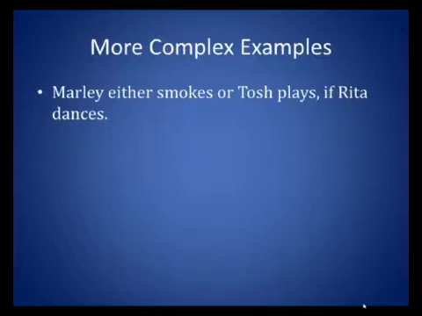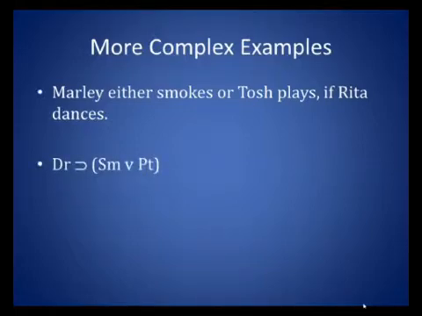So I hope you remember that when you see a statement following the word if, it represents the antecedent of a conditional. So in this case, we'll have to flip the translation around so that the if Rita dances part comes first. That would be our antecedent. Our consequent would be either Marley smokes or Tosh plays. So it would look like this.